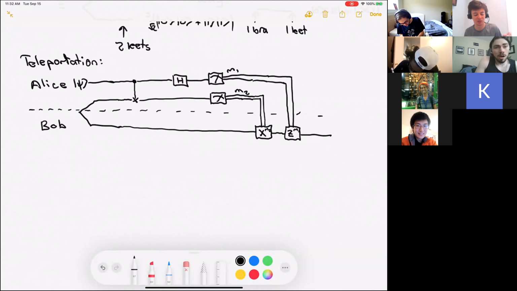Okay, so let's do our usual strategy. The claim is that Bob is going to end up with psi. So I'm just going to draw all the different intermediate times in.